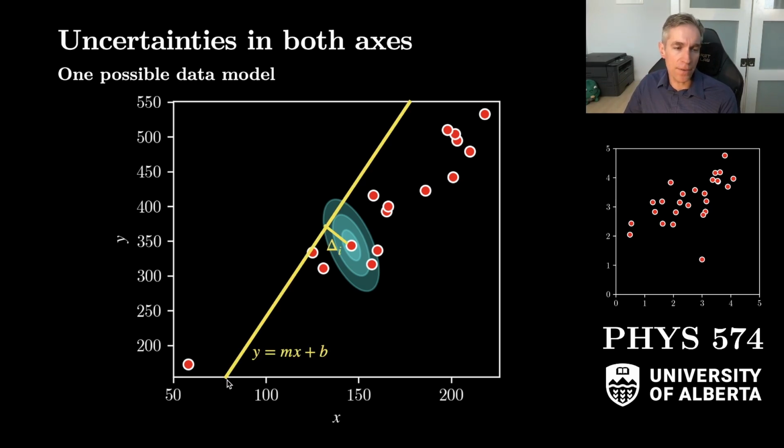So let's consider some random line y equals mx plus b going up here and slicing through this probability cloud. This is a two-dimensional Gaussian, and then we're going to consider a line running through that. There's going to be some perpendicular distance, the minimum distance of the observed point from the line.